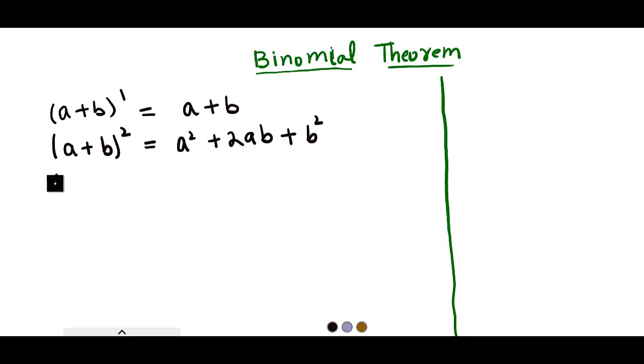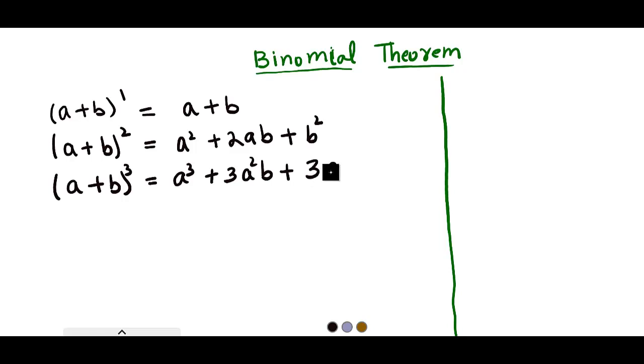Next, A plus B power 3 expansion is A cube plus 3A square B plus 3AB square plus B cube.